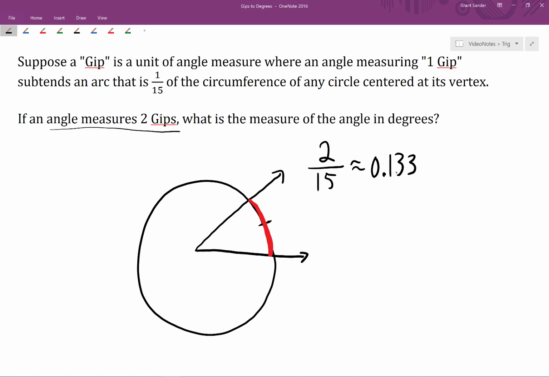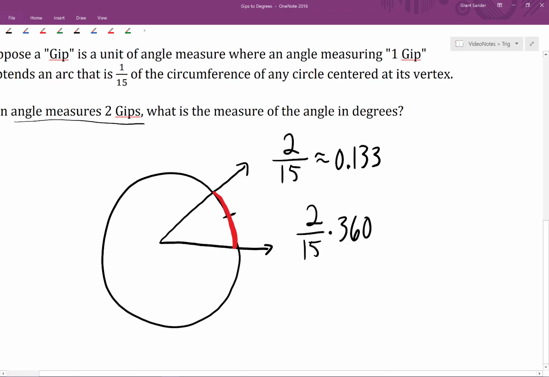Now, we know that there are 360 degrees in one full rotation, and this angle is 2/15 of a full rotation. So 2/15 of the 360 degrees is the number of degrees that this angle sweeps out. And therefore, the measure of this angle in degrees is 2/15 of 360, which is 48.